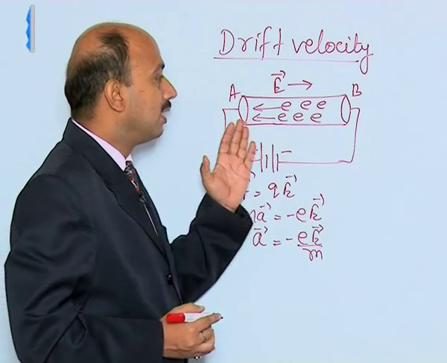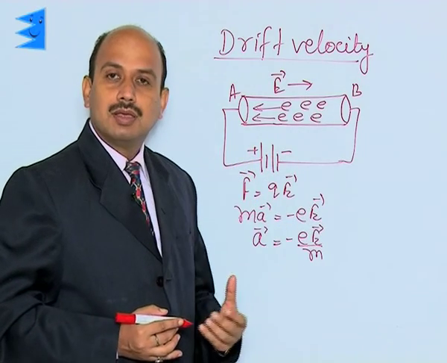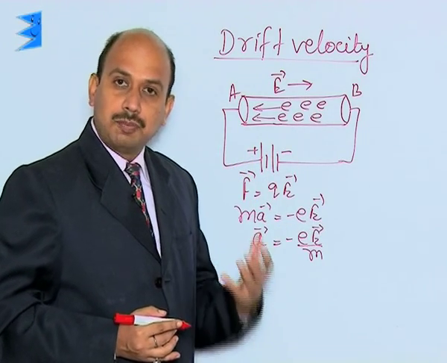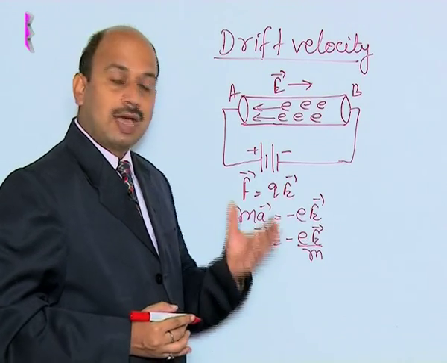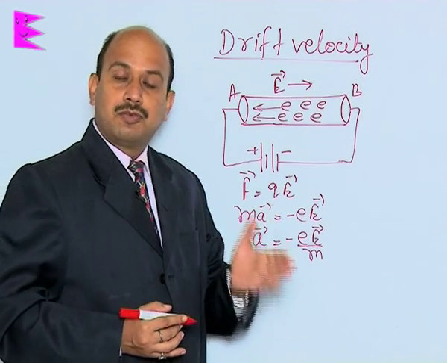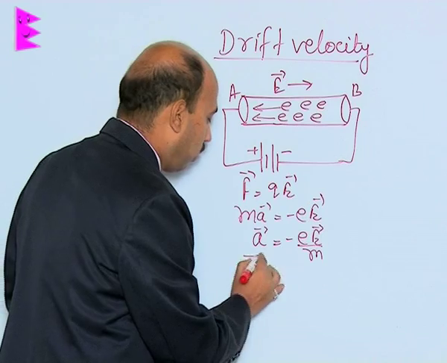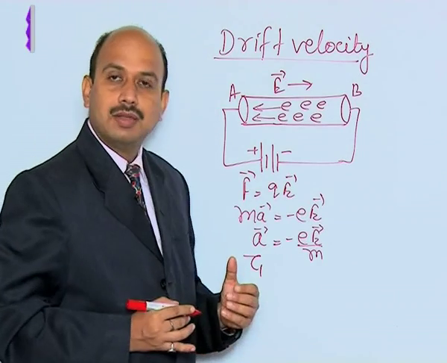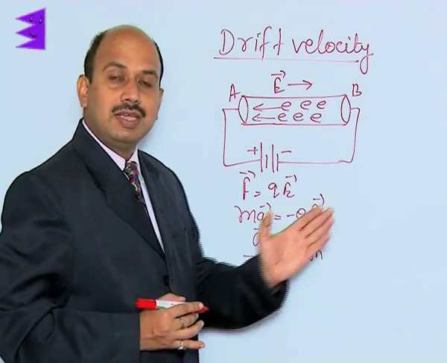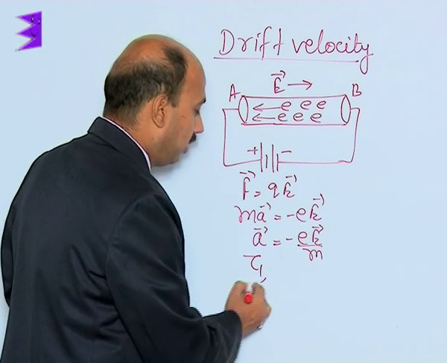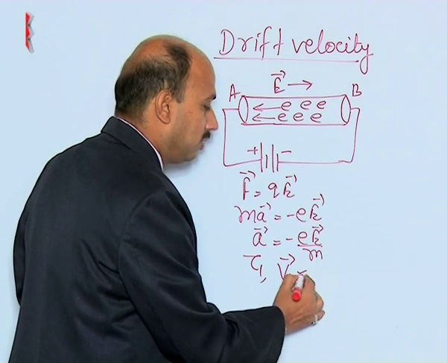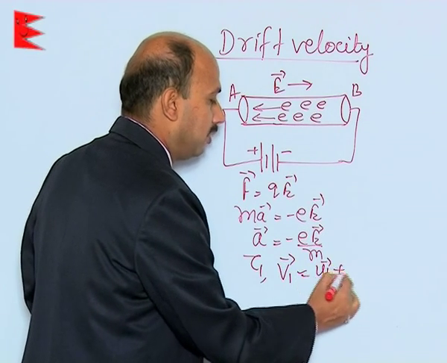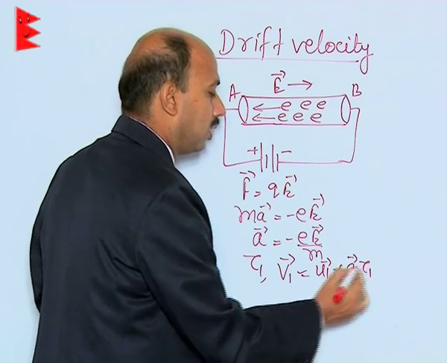Now, when the electric field is applied, suppose the time elapsed from the first collision is tau 1, then the velocity gained in this time interval is V1 is equal to u1 plus a tau 1.